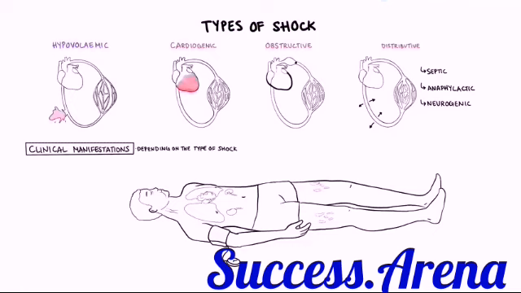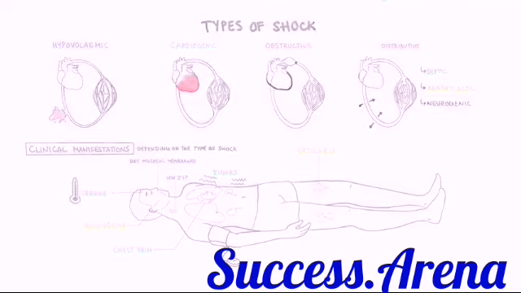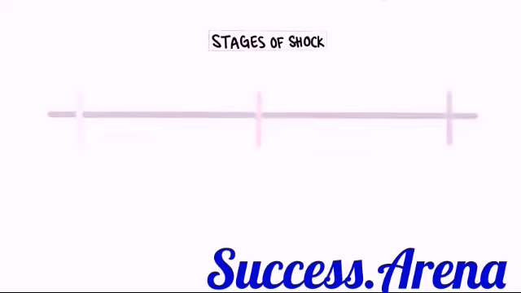For hypovolemic shock, you can have dry mucous membranes and a low jugular venous pressure. In cardiogenic shock, you can have chest pains. In septic shock, fever and rigors. And in anaphylactic shock, angioedema and urticaria. There are also stages of shock.